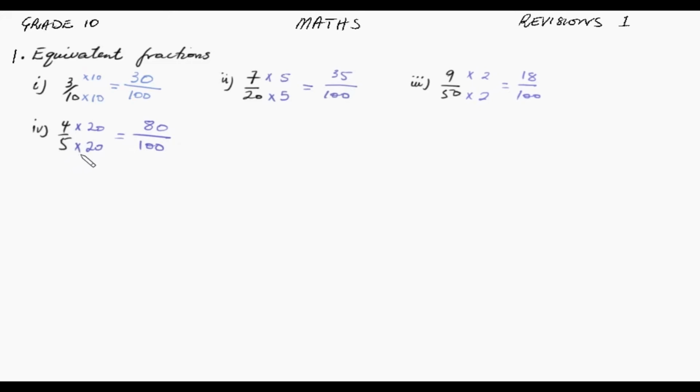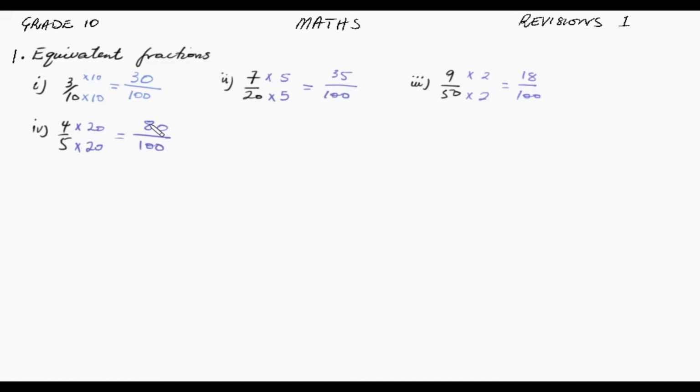So there is something that is important. We are dealing with multiplication when we are talking about equivalent fractions. You either multiply or divide, because when we move from 4 over 5 to 80 over 100, we multiplied both the numerator and the denominator by 20.